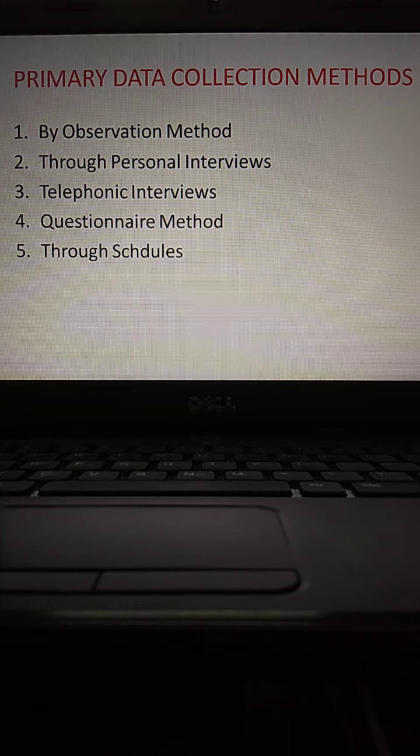But the basic difference between the questionnaire method and the schedule method is that under the schedule method, the data collector, surveyor or researcher himself or herself fills in the answers to all the questions provided by the respondent. Just like the questionnaire method, here also a printed set of questions would be there, but these questions are filled in by the data collector himself or herself.